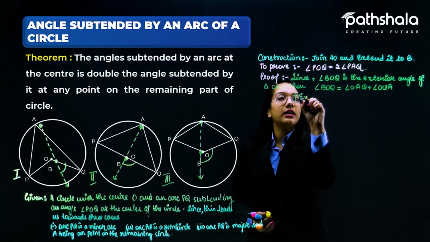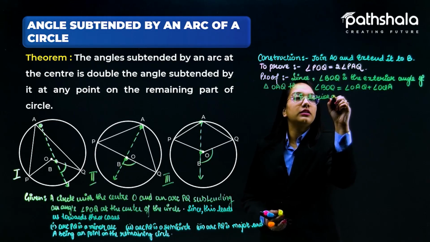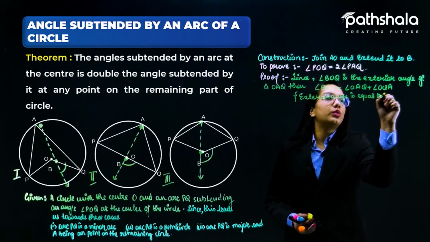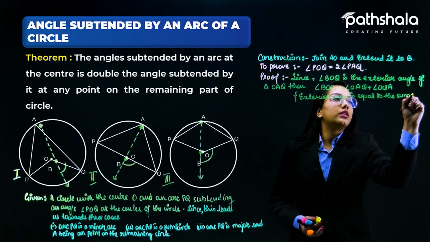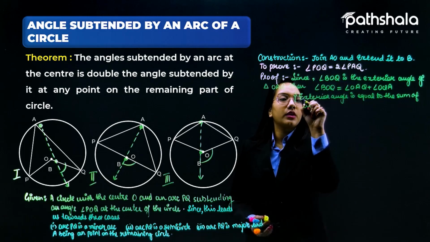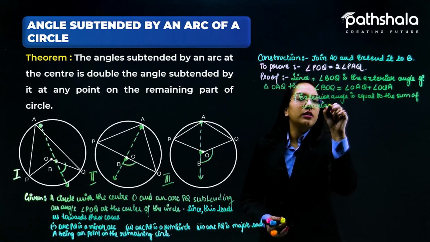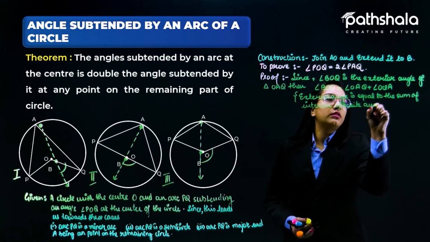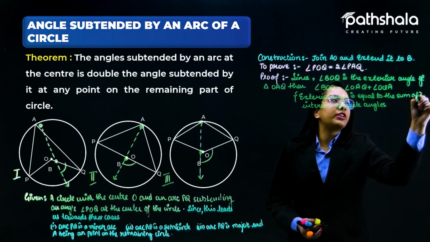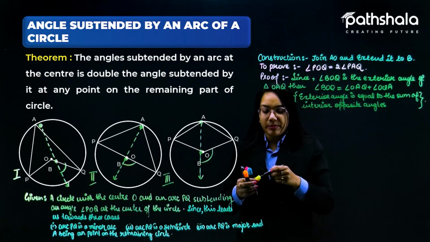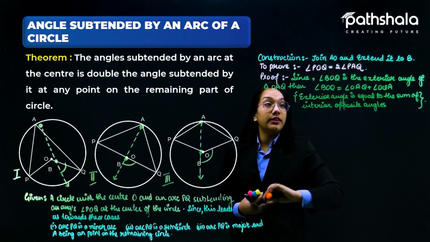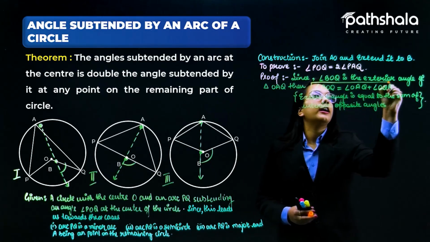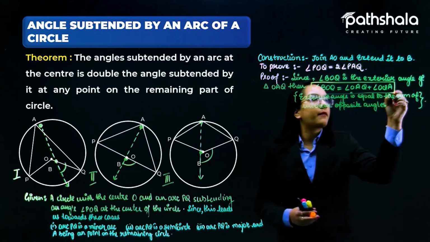Because of the reason that the exterior angle is equal to the sum of interior opposite angles. So using that concept, I can say that BOQ is equal to the sum of OAQ plus OQA. Let us suppose I'm putting it under a box and calling it equation number 1.